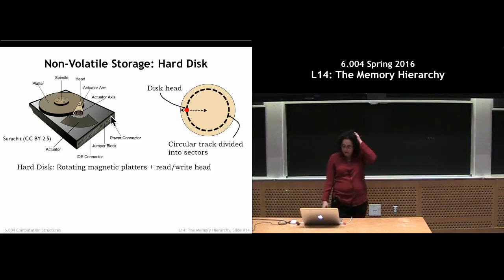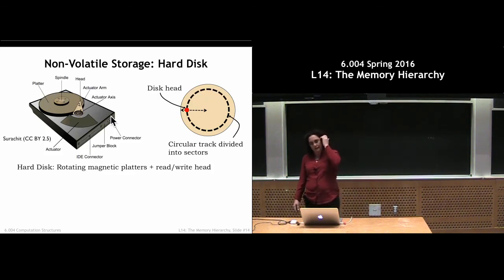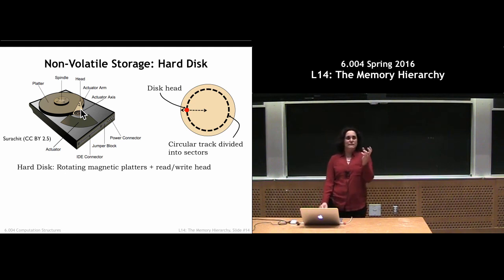So what about our hard disk solution? What does this look like? Hopefully most of you are familiar with the hard disks on your computers. Basically, you have these rotating magnetic platters, and a head that you have to situate in the right position over the platter in order to read the orientation of the magnetization, or to actually change that orientation if you're trying to do a write.